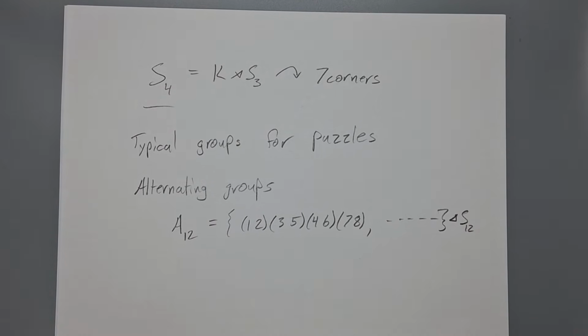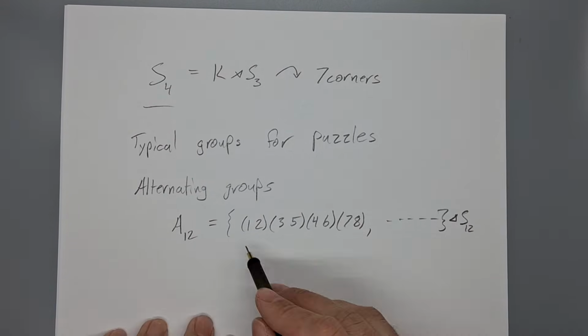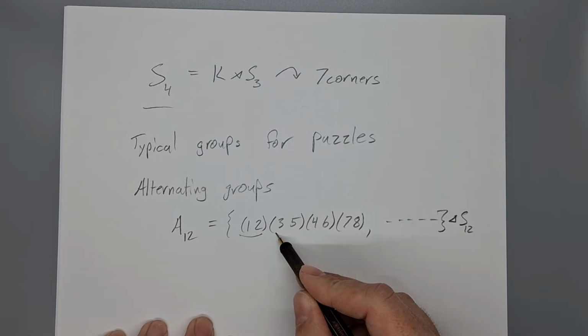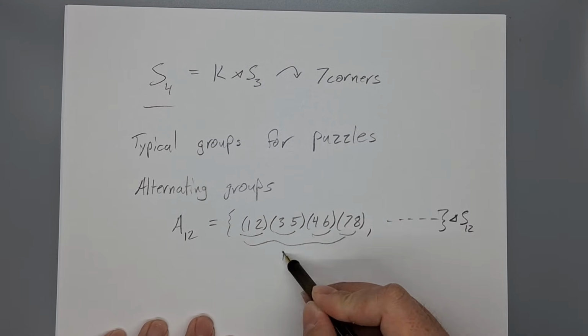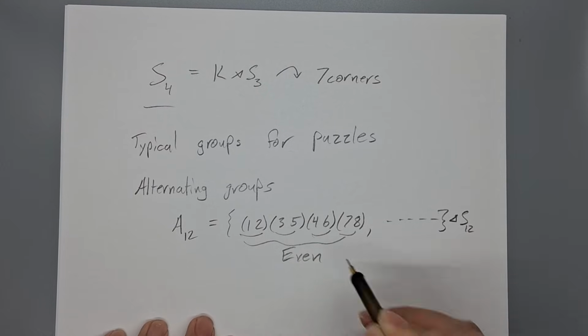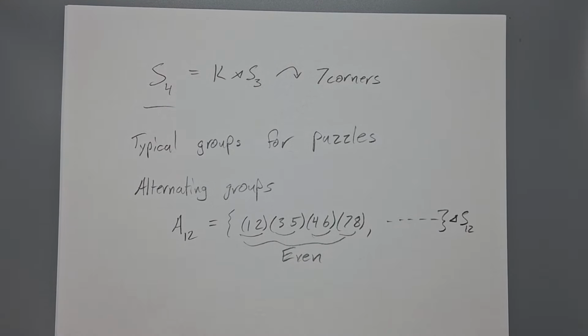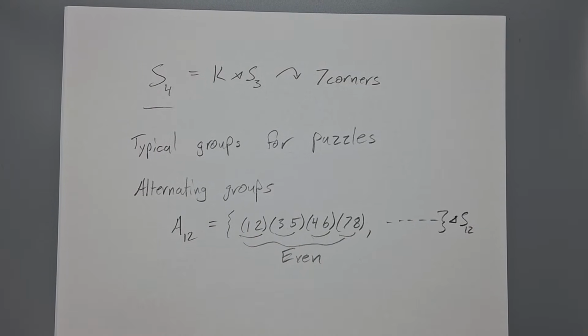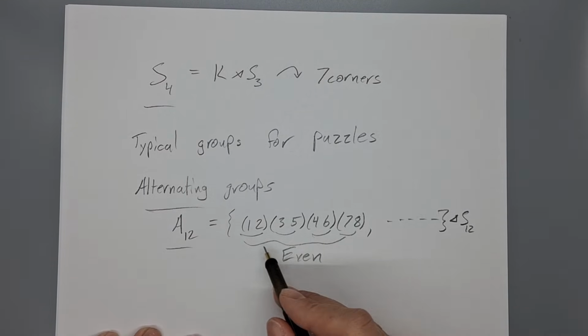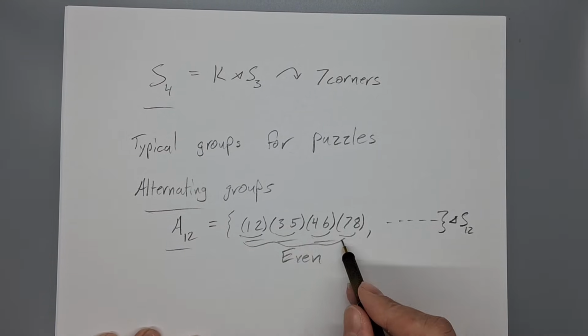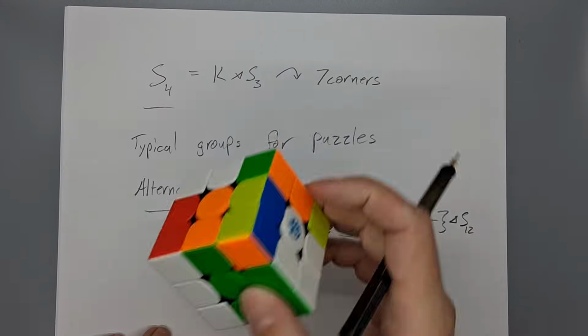The things in the alternating subgroup have this format: you have pairs of elements that you swap, and you have an even number of them. And you can see if I have an even number of them and I stack them next to each other, I continue to have an even number in total. So the alternating groups are the things with an even number of swaps, which is precisely what happens for the Rubik's Cube.